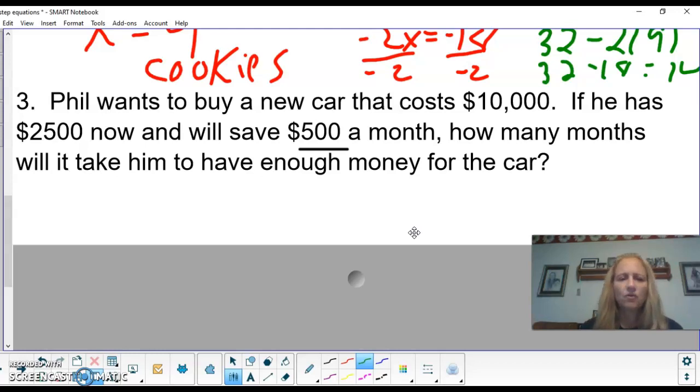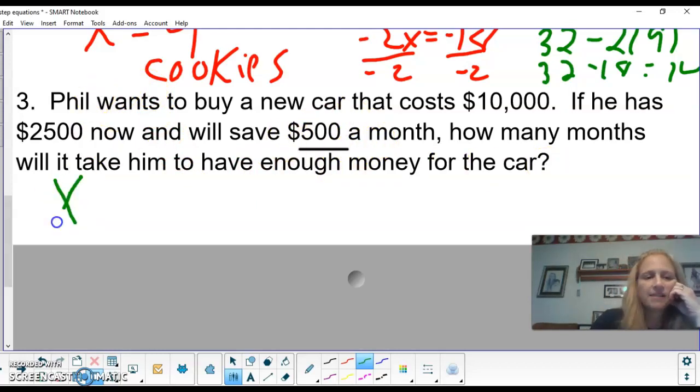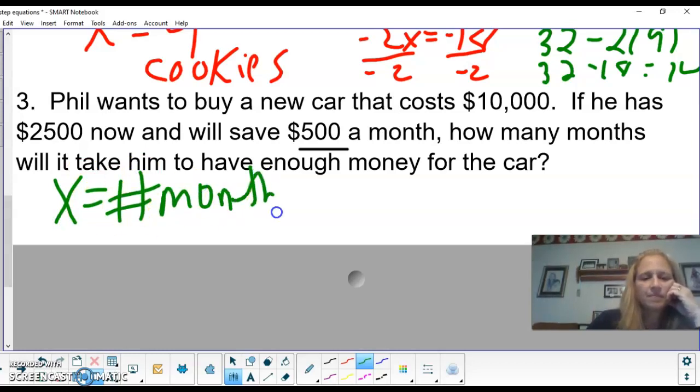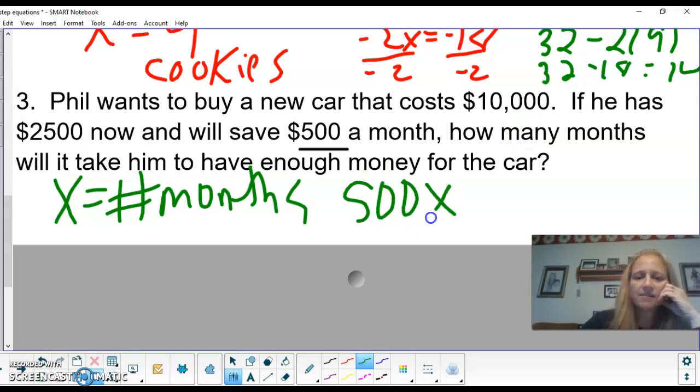All right, so multiple choice should have popped up, and it should be your equation. We're going to let x equal the number of months. And we know what goes with months? 500, so it's going to be 500x. Now, he already has $2,500.